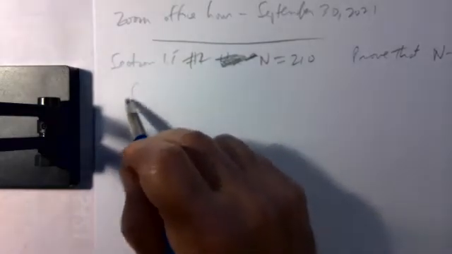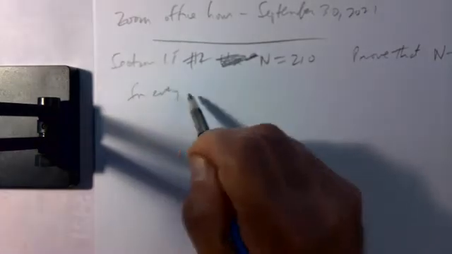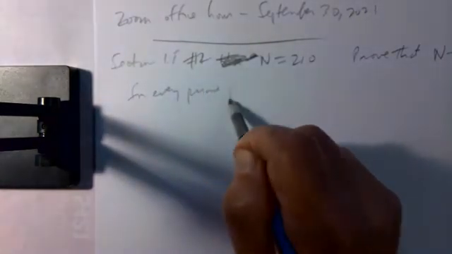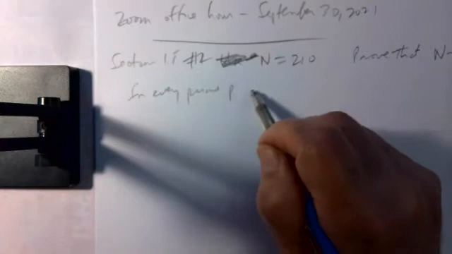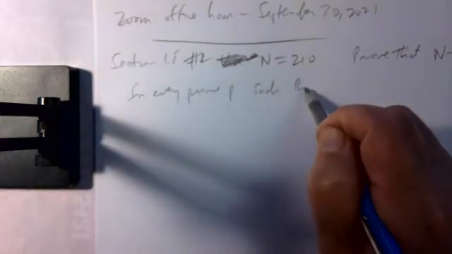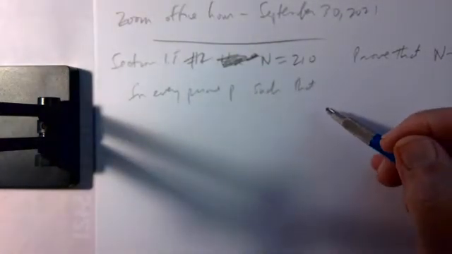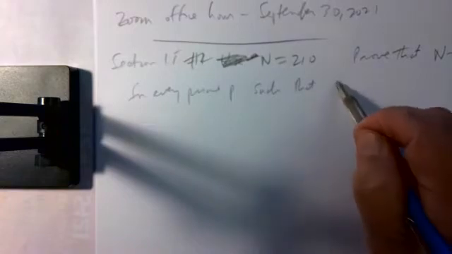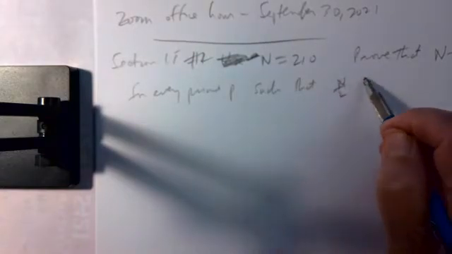Prove that n minus p is prime for every prime p such that n over 2 is less than p, which is less than n.